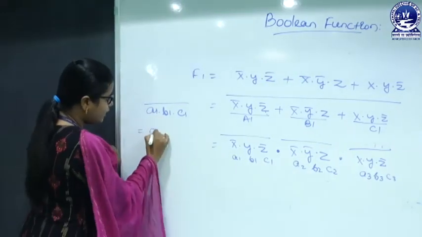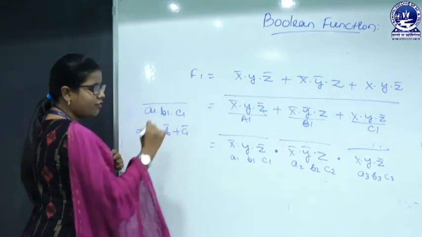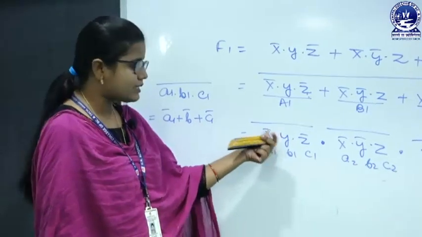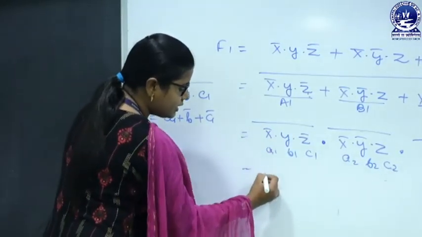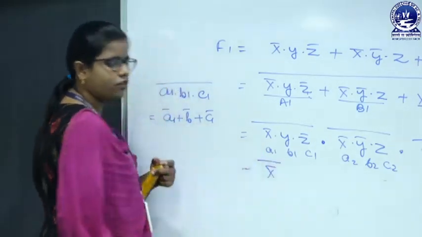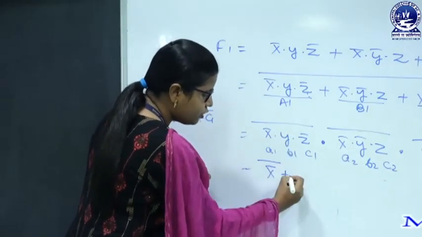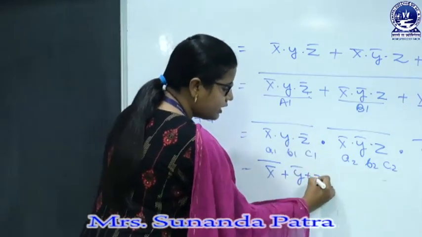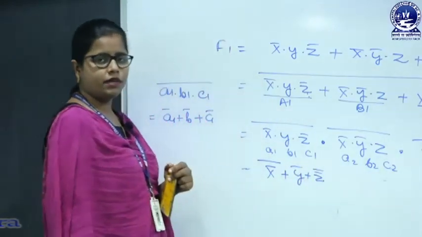So this will be A1' plus B1' plus C1'. A1 is X complement, so A1' is X complement and its complement, the double complement of X, plus B1 is Y, so Y's complement, plus C1 is Z complement, so C1' is the double complement.